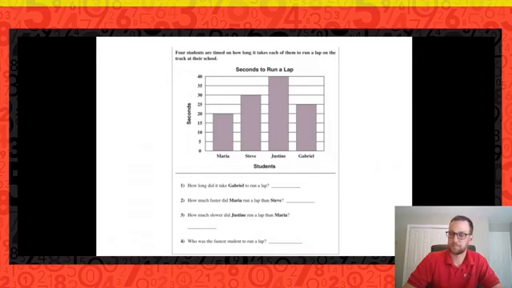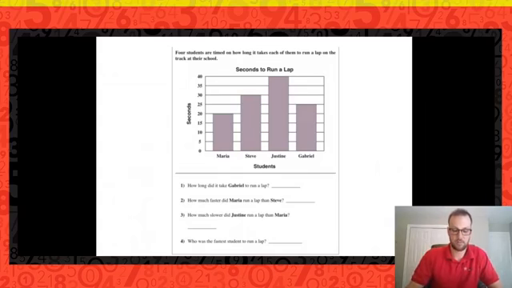All right. So now we're going to talk about a different type of chart. So no key here, but we can see that we have our title up at the top that tells us seconds to run a lap. So that's what we're measuring.